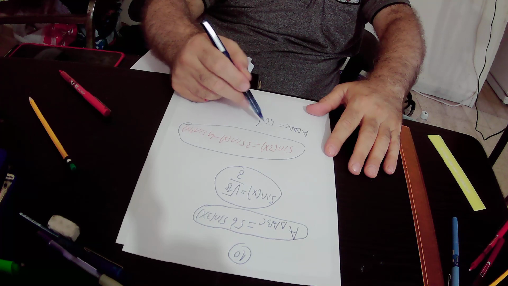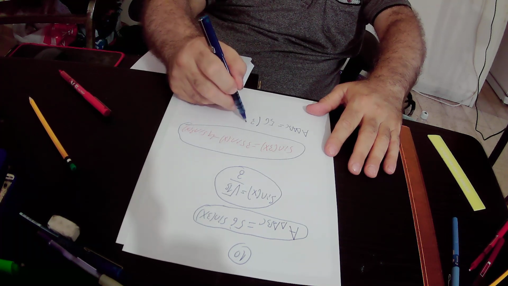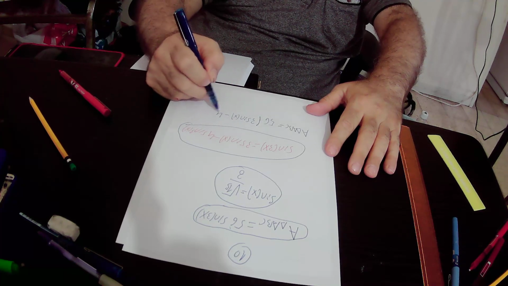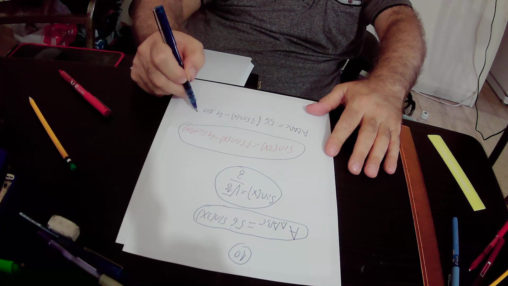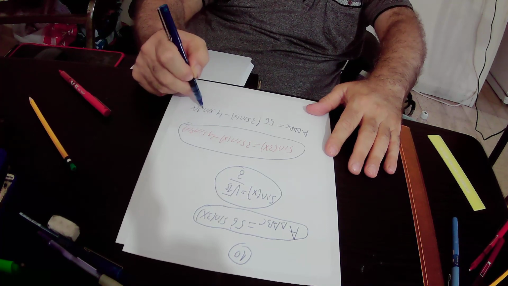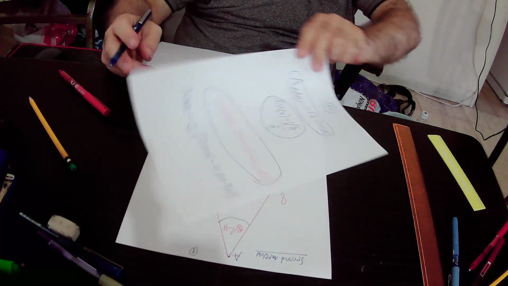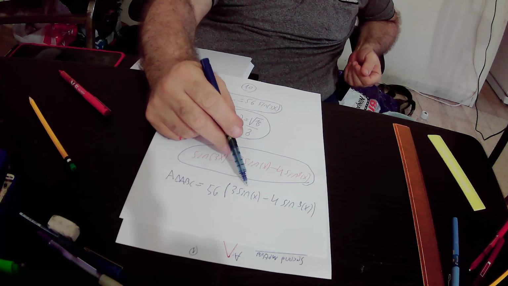So sine 3x equals 3 sine x minus 4 times sine cube x. Actually here we can take out sine x as a common factor of this expression.